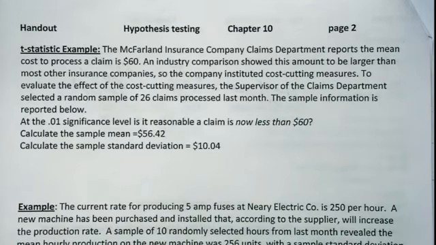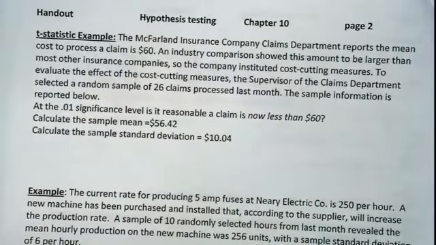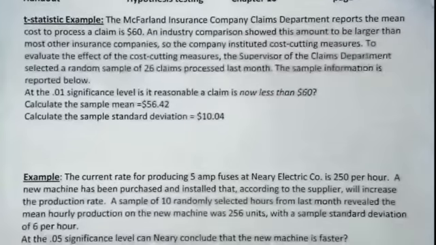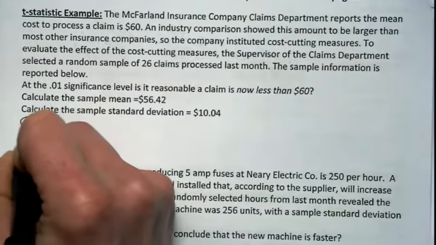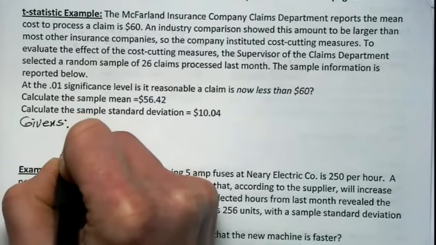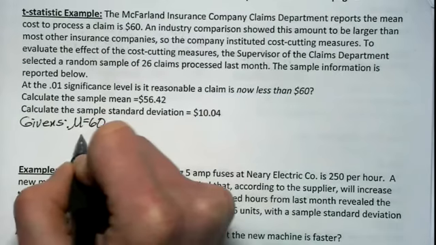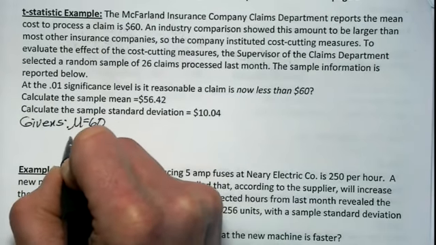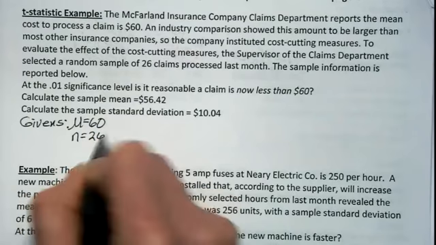So the T example. I want you to pause it and write down the givens. You should be getting good at the givens. Okay, let's look at the givens. It costs $60 to process a claim. Years and years, we know that. Okay, we sampled 26 claims.